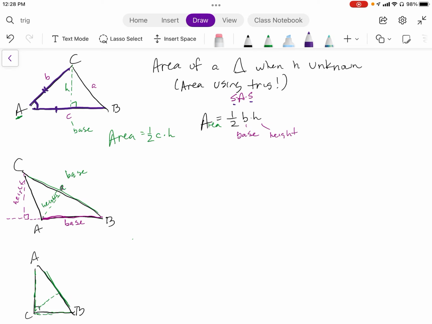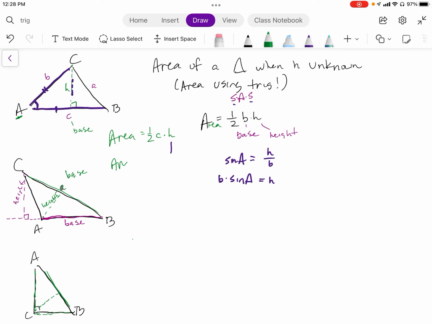So let's do some scratch work here. I know that sine A equals opposite over hypotenuse. Looking at this left triangle, that's h over b, which means h is b times sine A. So therefore, the area of the triangle, without directly finding h, we just have this new formula.